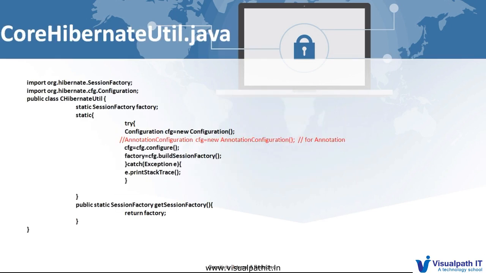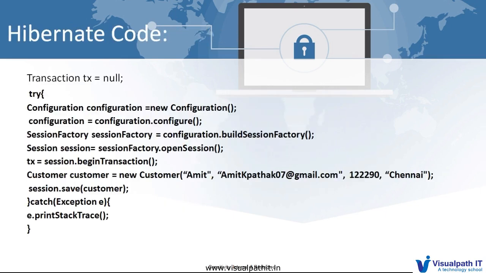What I explained there is the same thing happening here in the code: configuration equal to new configuration. This code depends on Hibernate core, which I explained. To implement Hibernate, there are 2 approaches: either Hibernate core or Hibernate annotation.